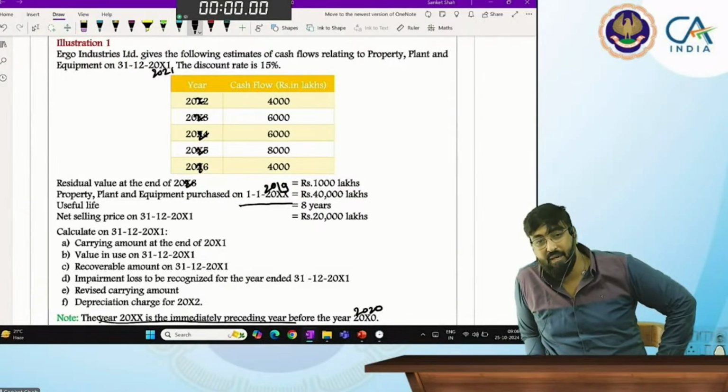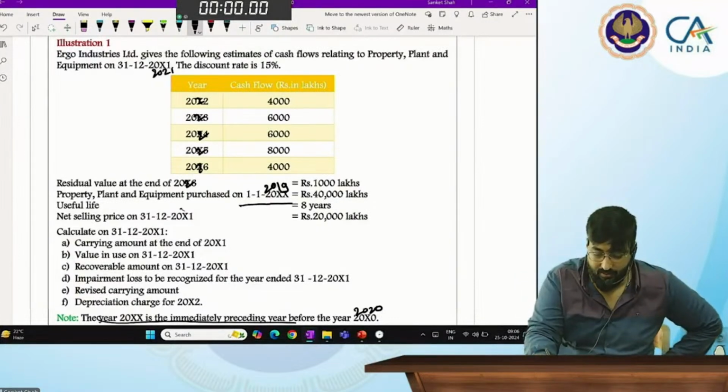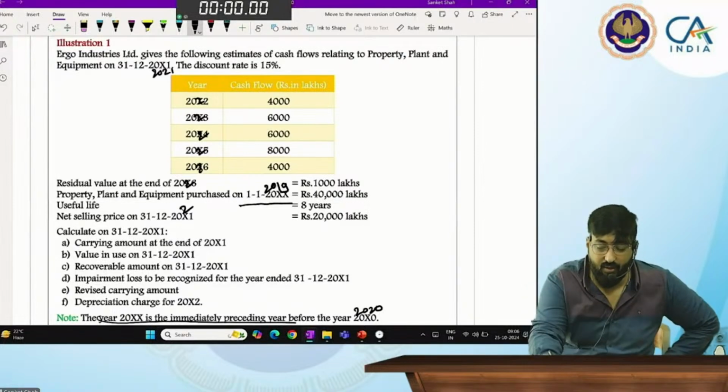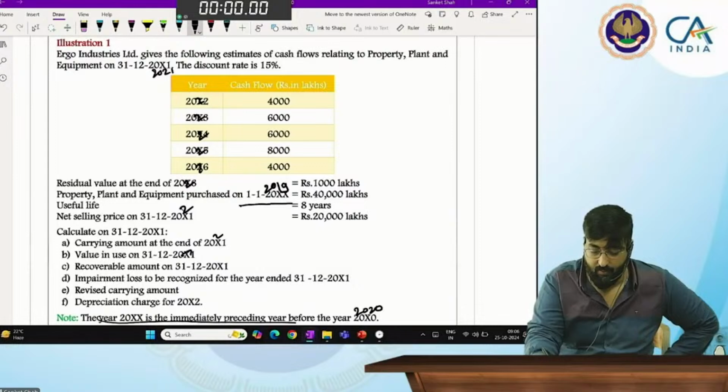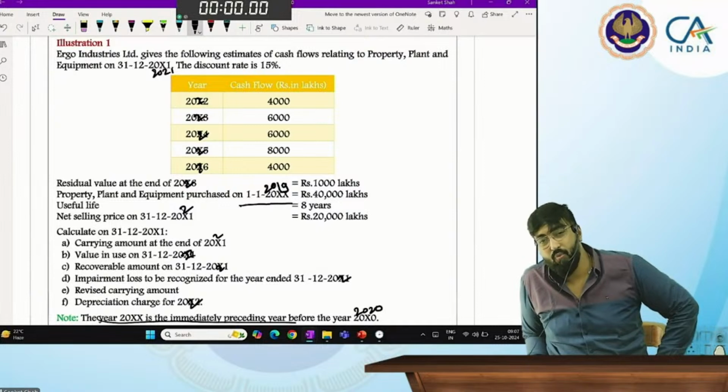So ये language थोड़ा सा मुश्किल है. So this is on 1st January 2019. And net selling price on 21 is 20,000 lakhs. You're doing this accounting on 21. So you can replace this year like this, and depreciation for 22.